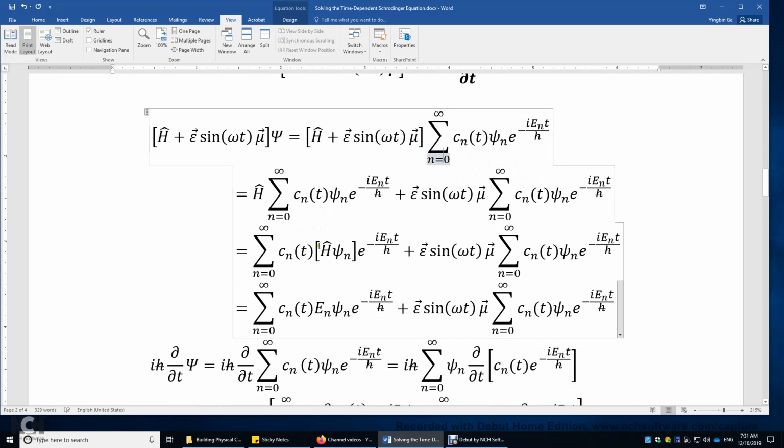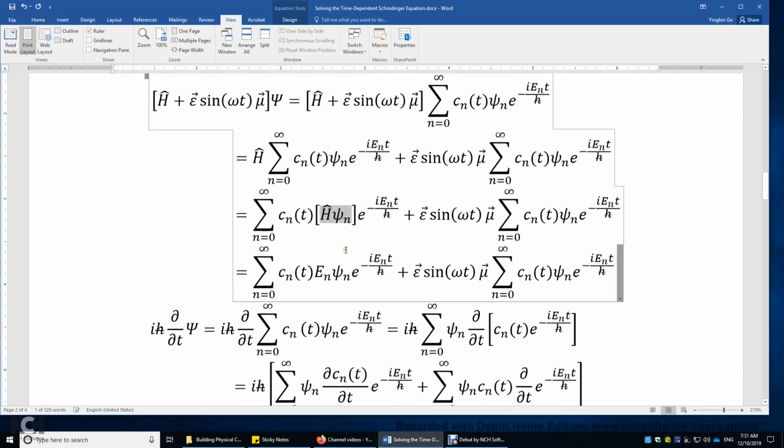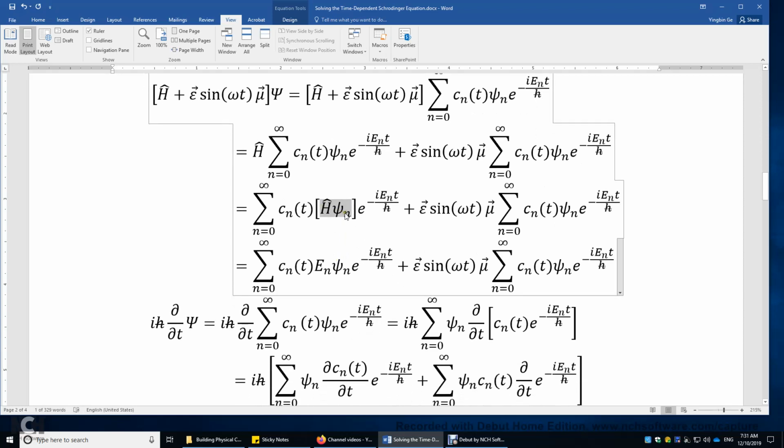We got H being applied to psi sub n only, because this is a function of time only, and H does not depend on time. So we can actually apply this H to this psi sub n, and psi sub n does not depend on time either. Therefore, H being applied to psi sub n is E sub n psi sub n. Over here, we simply just copy this electrostatic energy times this psi.